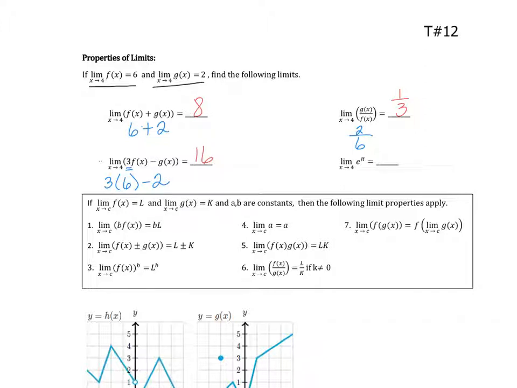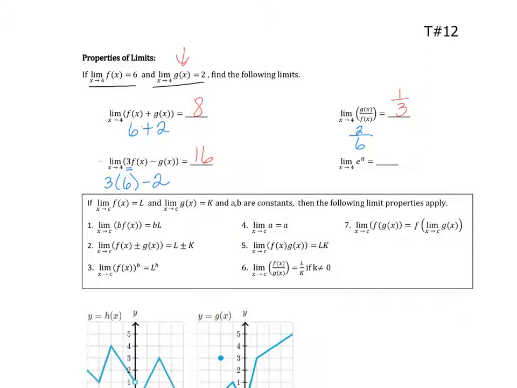And I threw in this last one. It doesn't seem like it has anything to do with these, but what's the limit of any constant? Well, think about that. If I said e to the pi, that looks like a weird number, but the point is it's a number, because e is a value, 2.71, and so on. Pi is 3.14, and so on.